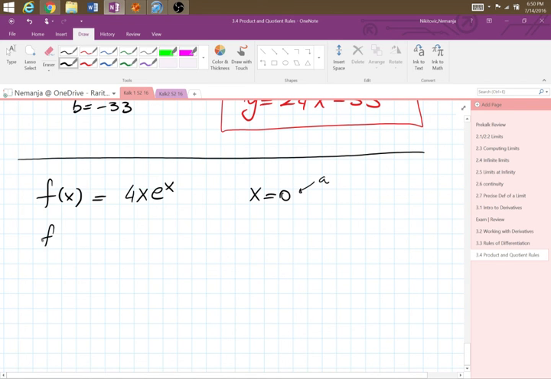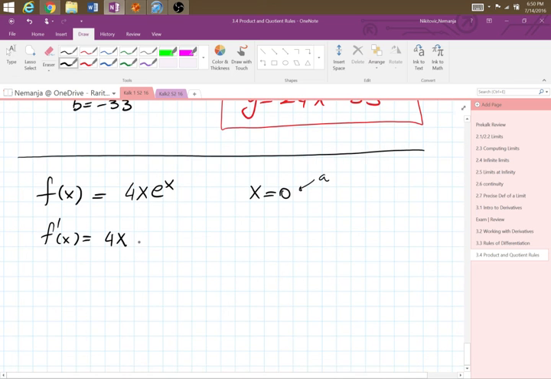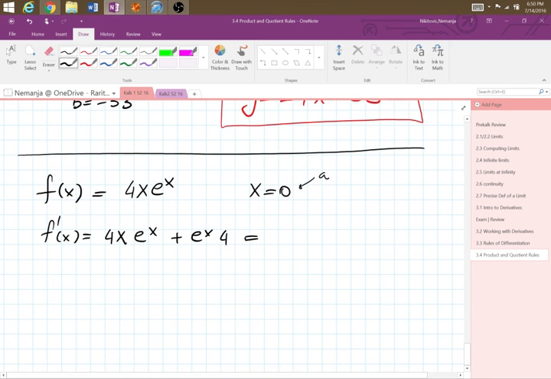We find the derivative, and here is where the product rule happens. So copy the first one, 4x times derivative of the second, which is e to the x, plus copy e to the x times derivative of 4x is just 4. We factor out 4e to the x, and we are left with x plus 1. So we have x plus 1.